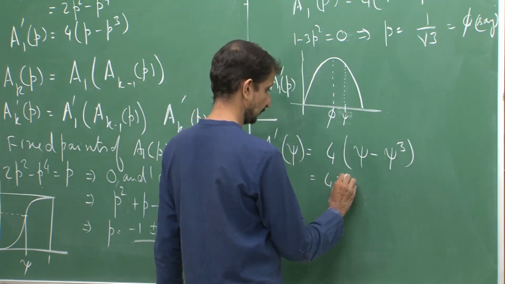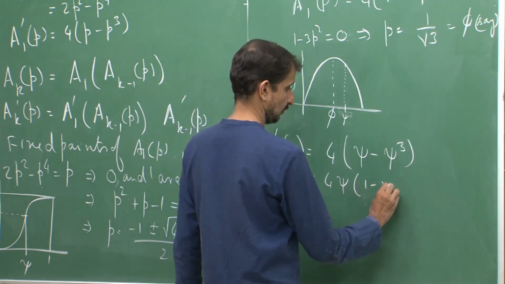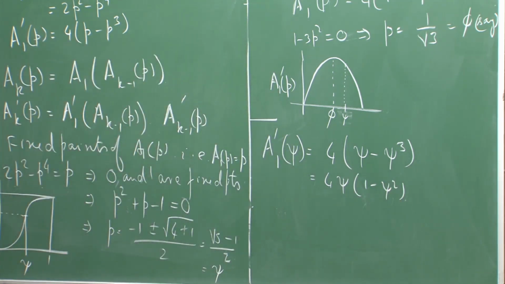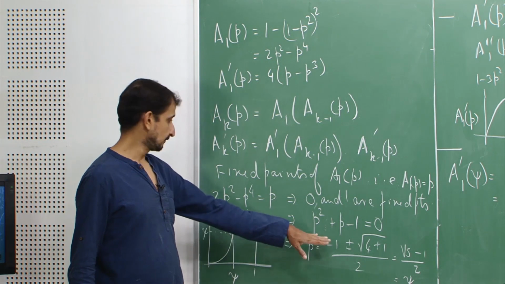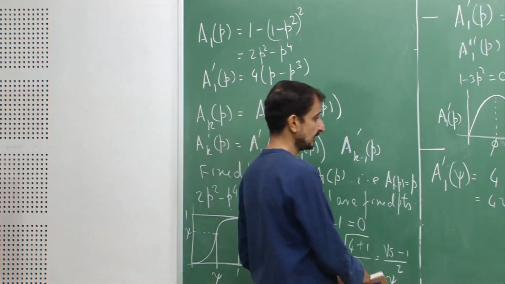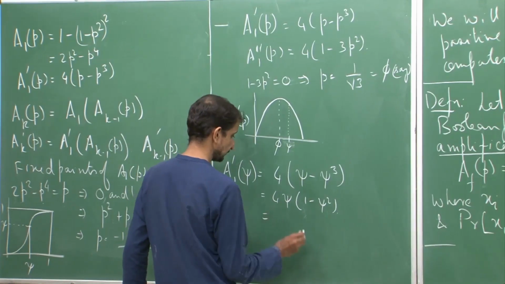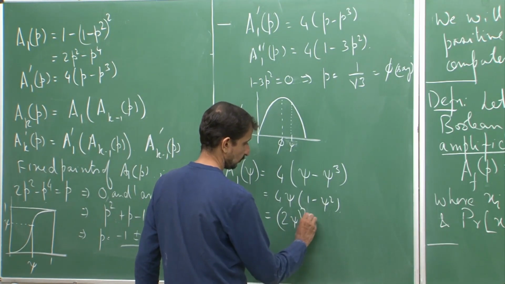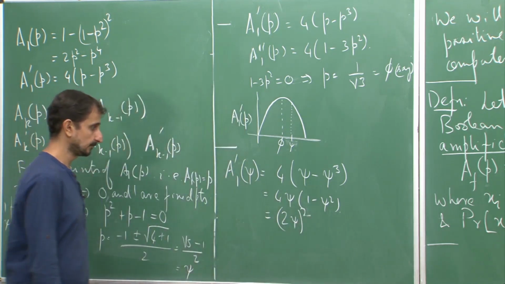So, that is 4 psi times 1 minus psi square, but what is 1 minus psi square? From this equation, right, it is a fixed point. So, 1 minus psi square is nothing but psi. So, I get 4 psi square. So, this is nothing but 2 psi whole square.